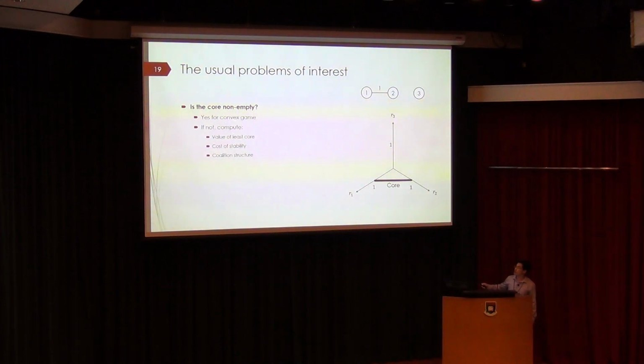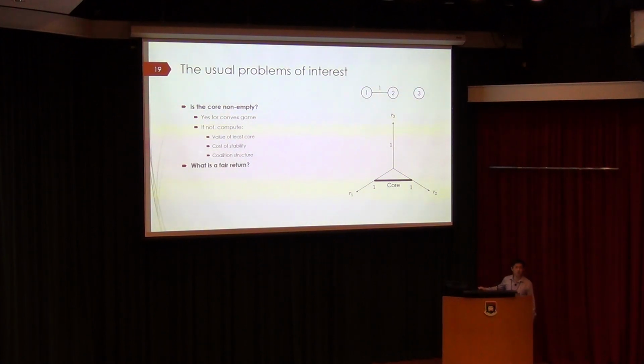If it is not empty, there are some quantities that people are interested to compute, for example the value of least core, cost of stability, and coalition structure. I'm not going to go into detail. Because we consider convex games, the core must be non-empty.